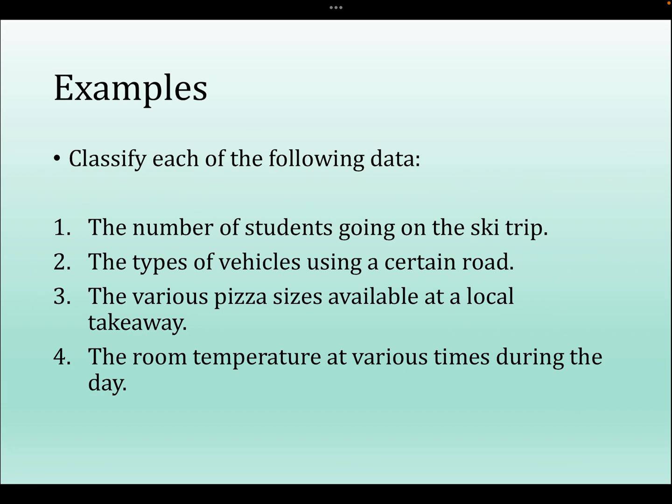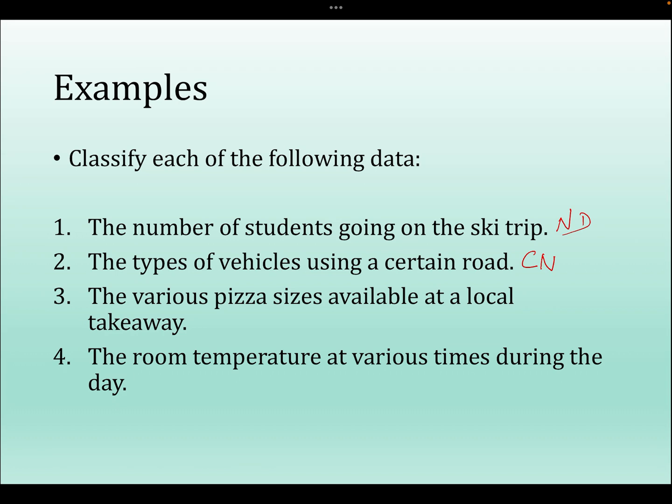So let's have a look at these four examples. Can you classify each of the following data? The number of students going on a ski trip, what would that be? That would be numerical and discrete. The type of vehicles using a certain road: categorical. Is there a certain order?